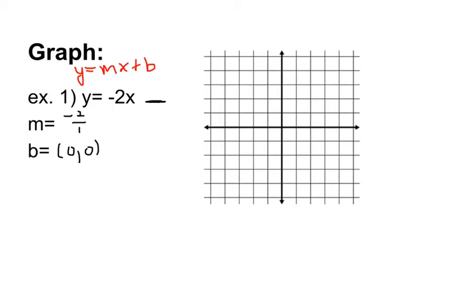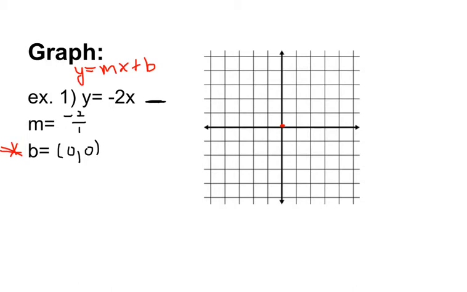Okay, the y-intercept is where we start. We take this y-intercept, always starting with that, and this happens to be the origin, so that's easy to plot. Plot that point. And then from there, we're going to use the slope to march or step to our next point. So the top number is our rise number.